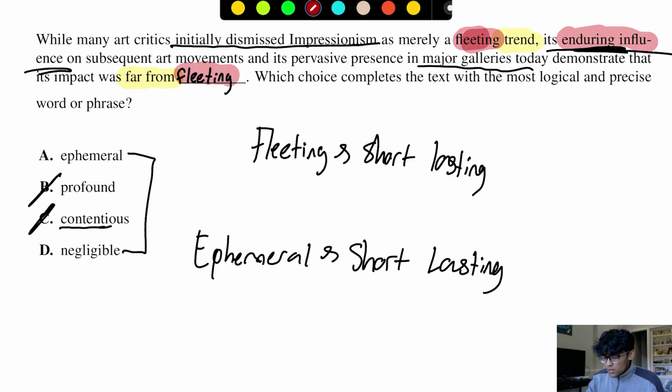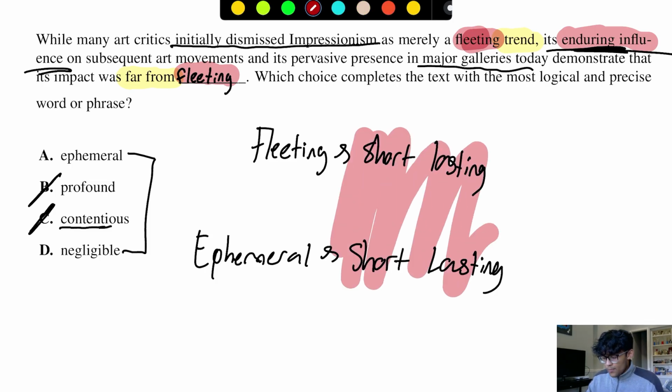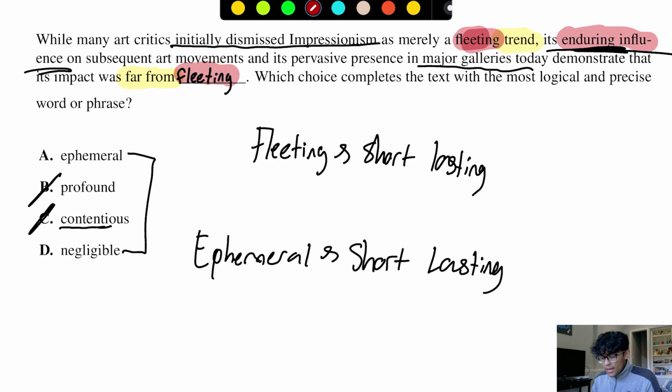Oh yeah, I didn't even notice. They both mean the exact same thing. If you just look over here, they're both short lasting. So I would be pretty confident marking ephemeral as the correct choice here. So its impact was far from short lasting, which is the opposite of what the art critics say, which is what we want, right? That's what the blank should mean. So ephemeral is definitely correct.